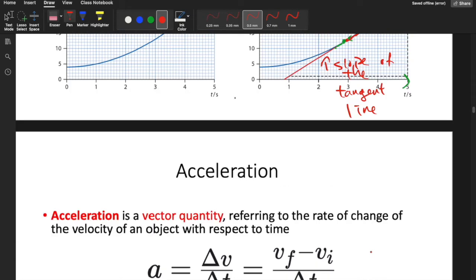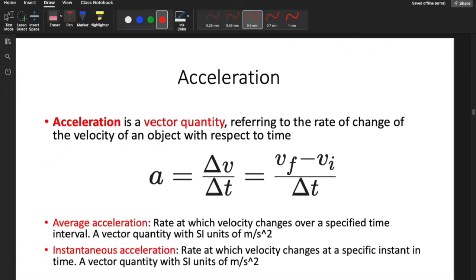So now let's talk about acceleration. Acceleration is a vector quantity referring to the change of the velocity of an object with respect to time. So acceleration is equal to change in velocity over change in time, and change in velocity is equal to final velocity minus initial velocity.